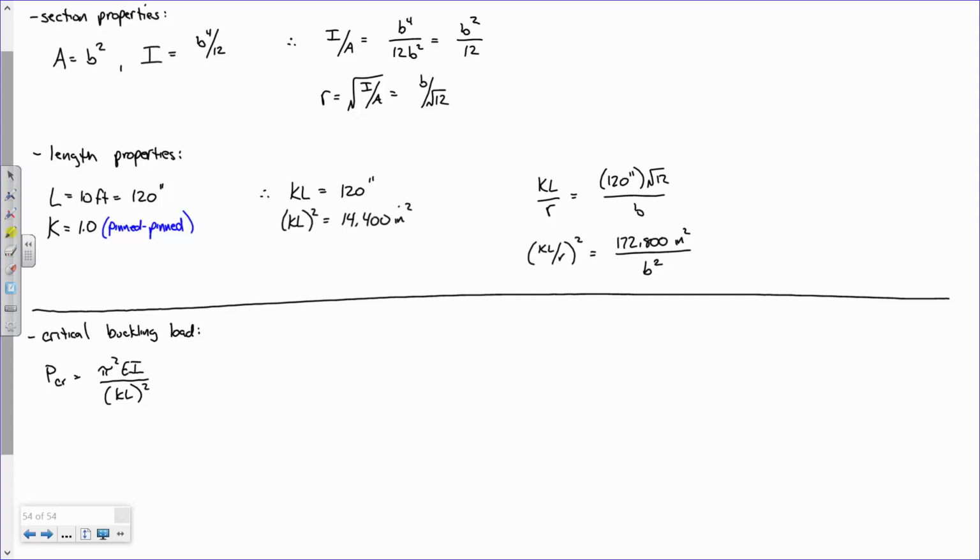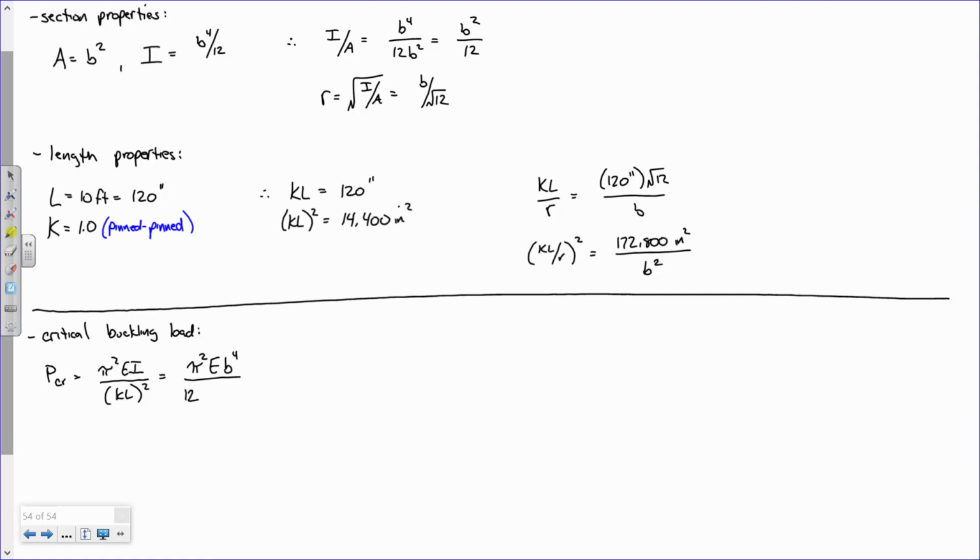Pi squared EI over KL squared. We have pi squared. Do we know E? That was given. It's like 30,000 KSI. So we know E. What about I? What's I? B squared over 12. No, not B squared. B to the 4th over 12.